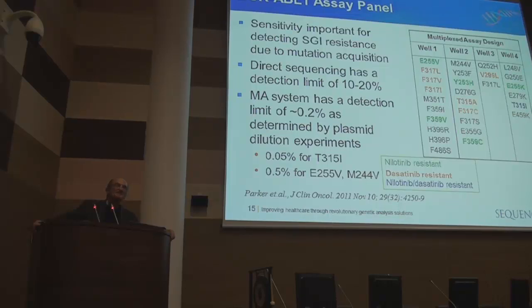And if I had to measure these one at a time by conventional methods, I'd have to take an unconscionable amount of blood from these patients. Okay? But you can see that we can measure all of these mutations in just 4 small samples. And I've color-coded them to show you that in many cases, but not all cases, having detected some of these mutations, we can make an intelligent choice of drug.